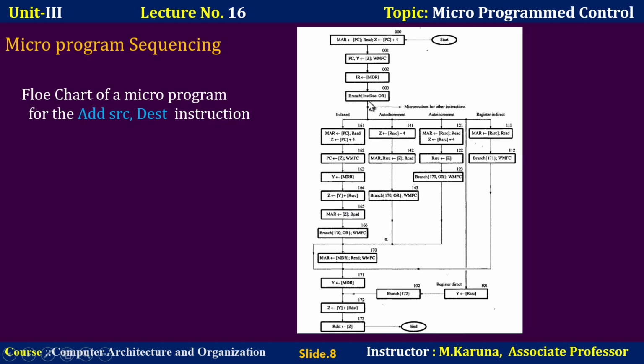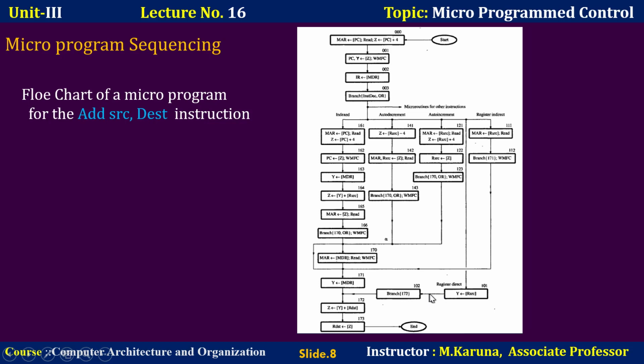Okay, so if the branch instruction specifies register direct, now PC will be loaded with 101. Register direct means the data is available in the source register directly. That will be transferred to the Y register according to the flow of execution diagram.